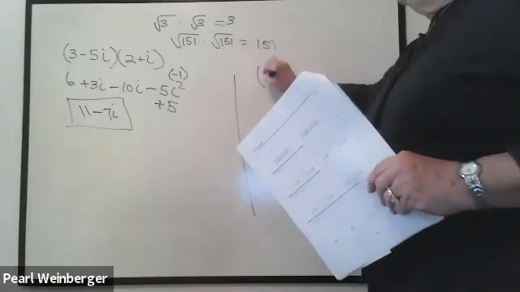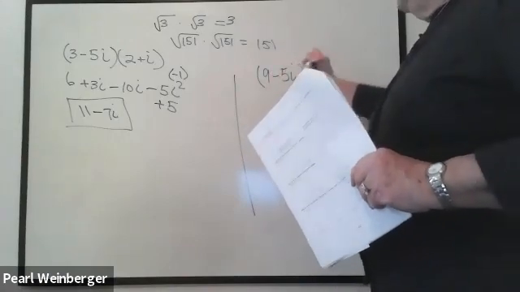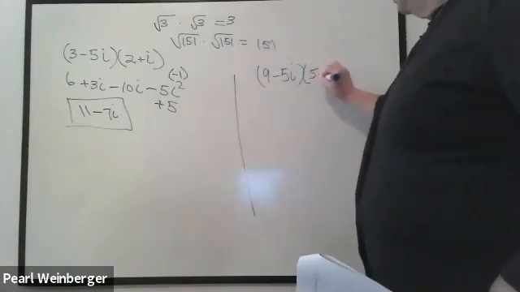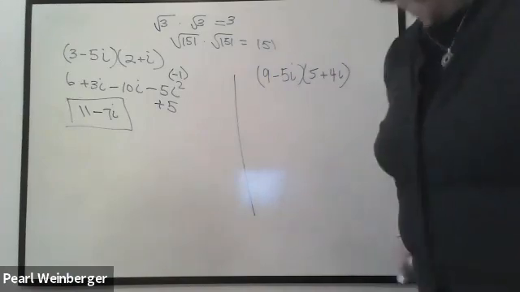Suppose I ask you to multiply 9 minus 5i times 5 plus 4i. Let's see what you get as an answer there.